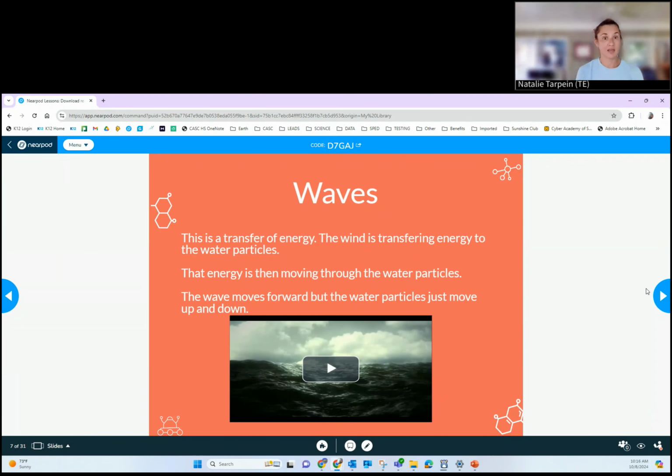Kinetic energy is what we call that. The energy is then moving through the water particles, like we said. So the wave moves forward, while the water particles move up and down only. Hopefully you caught that in the PhET simulation that you just watched.